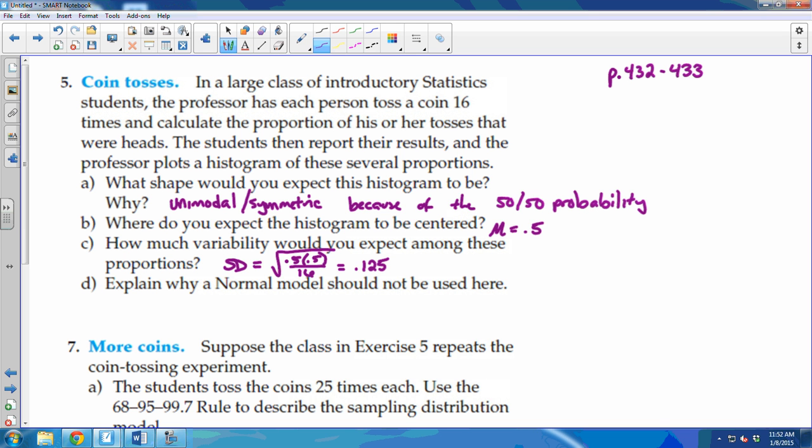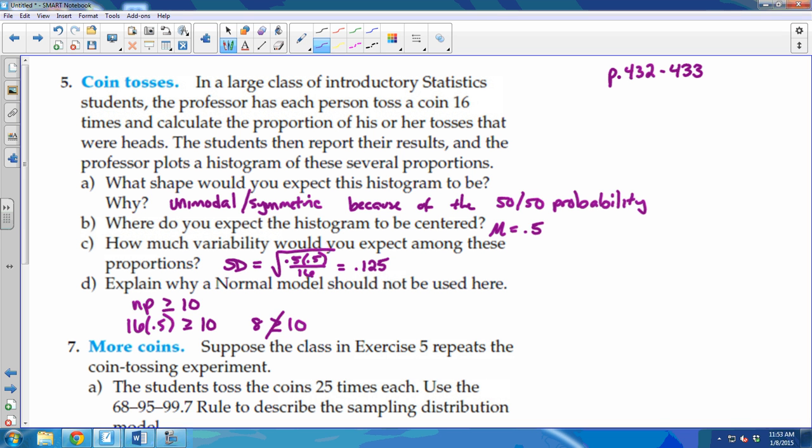In this case, the population is all possible coin tosses, so it's kind of arbitrary and not necessarily necessary in this question. But we still have to have success failure, right? np has to be greater than or equal to 10, and so does nq. They'll be the same here because p and q are the same. But 16 times 0.5, as Trent has told us many times today, is 8. So 8 is not greater than or equal to 10.